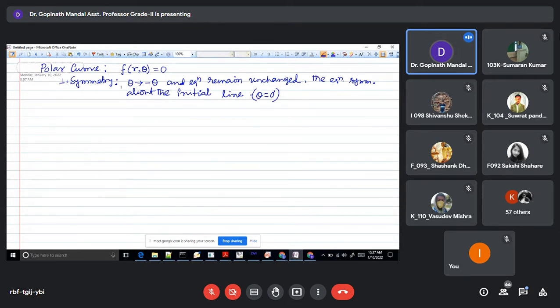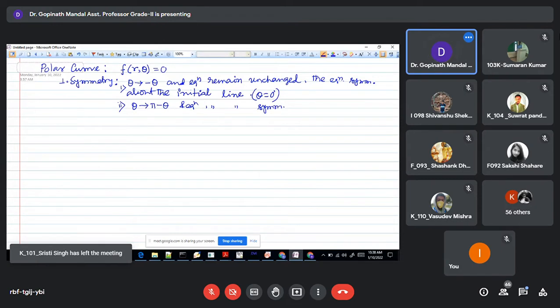Second one: if you change theta by pi minus theta and the equation remains unchanged, then the equation will be symmetric about theta equal to pi by 2, that is, symmetric about the perpendicular line.